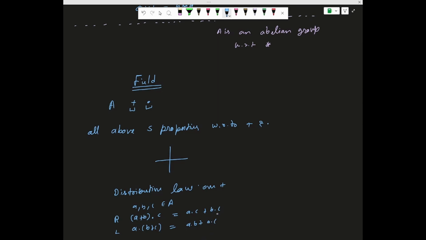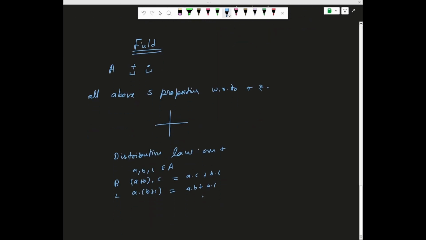That is the distributive law. We are going to discuss these things in detail in modern algebra, but for now, we need some basic understanding of groups and fields to begin with vector spaces, that's why I discussed this.